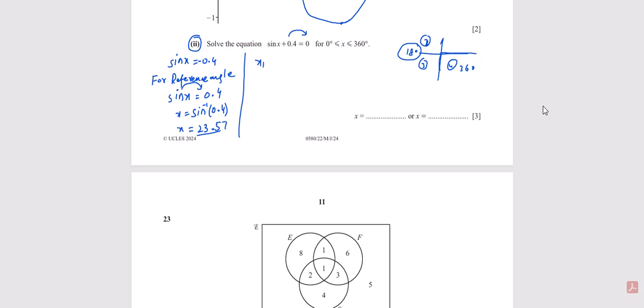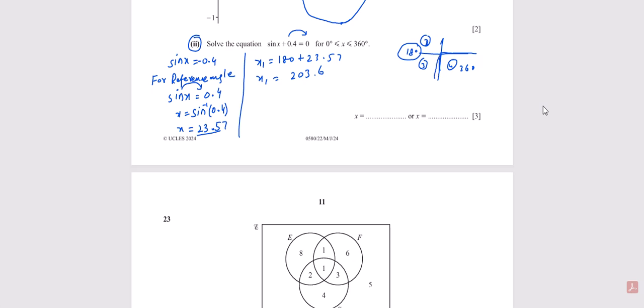So x1 is equal to 180 plus this angle, that is 23.57. So x1 is equal to 203.6.